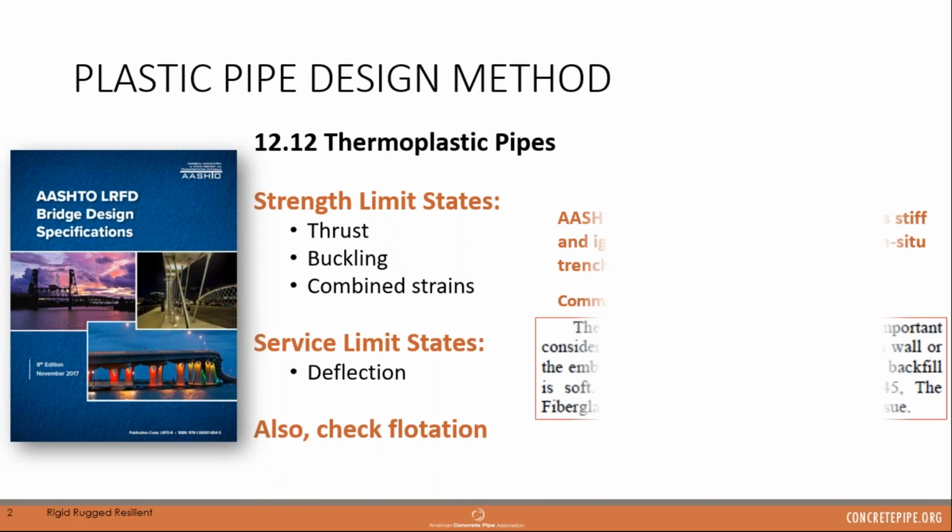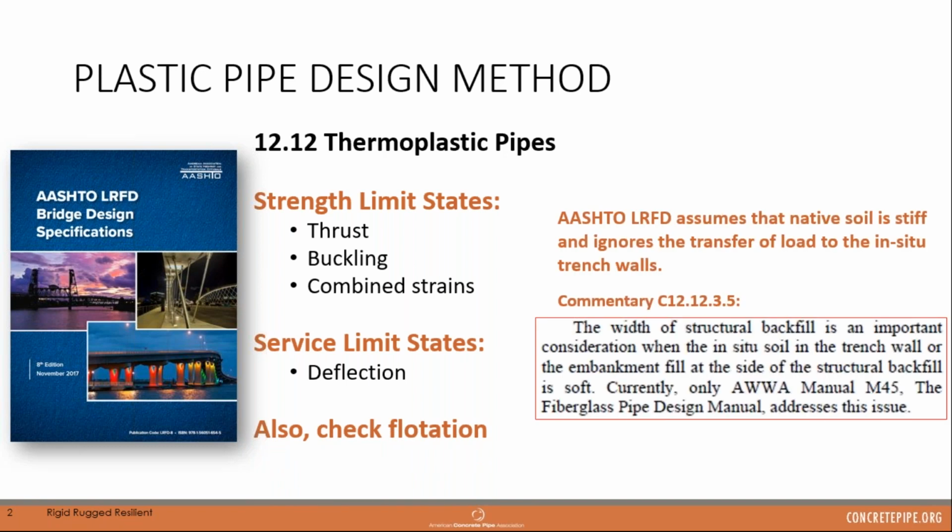One important fact to point out is that LRFD is going to assume, just to begin with, that the native soil is just as stiff as the backfill itself, and is going to be providing adequate vertical and lateral support with a minimum trench width.